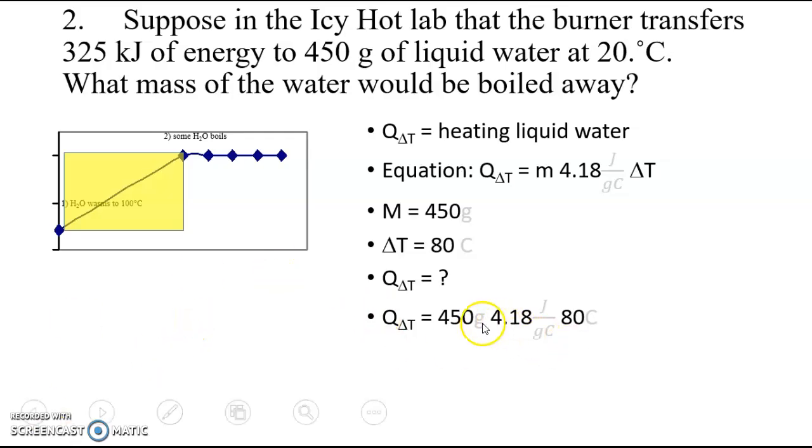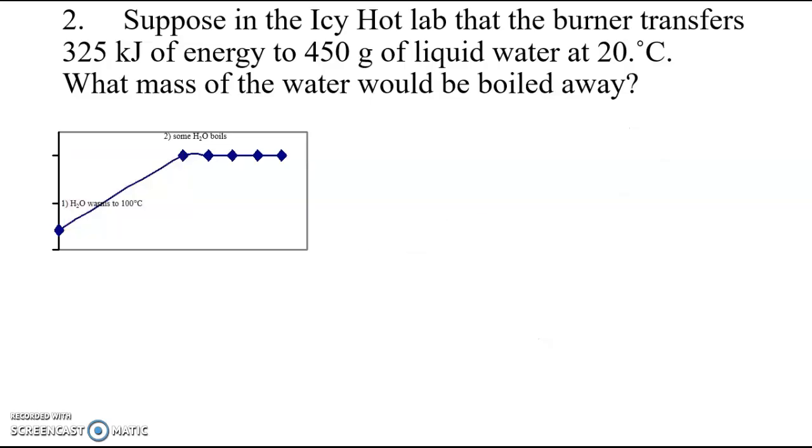Our grams are going to cancel, our degrees Celsius are going to cancel, and we just have to put that in our calculator, and we get 150,480 joules.